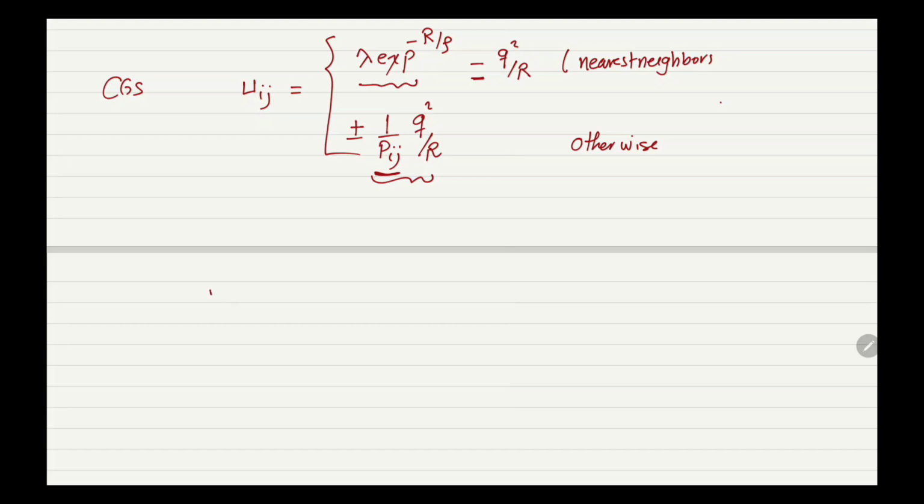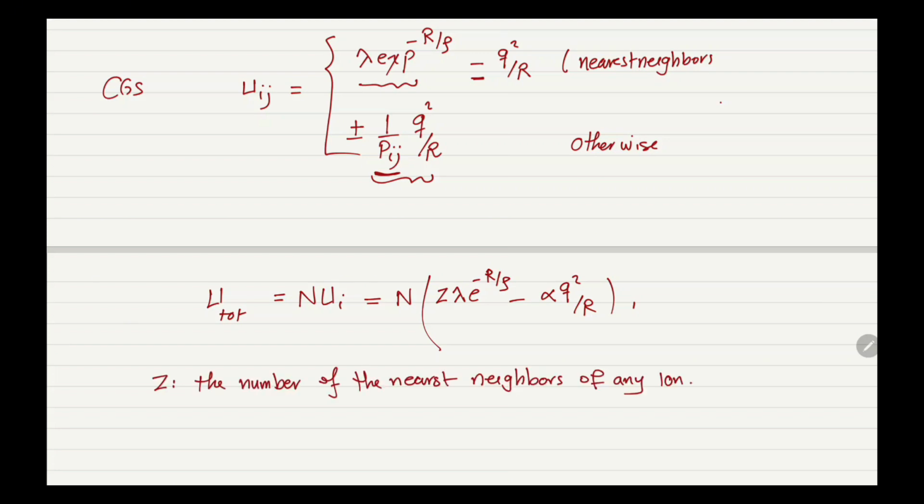U total in this case can be written as N times U_i, equal to N times [Z lambda e^(-R/rho) minus alpha q^2 over R], where Z is the number of the nearest neighbors of any ion.